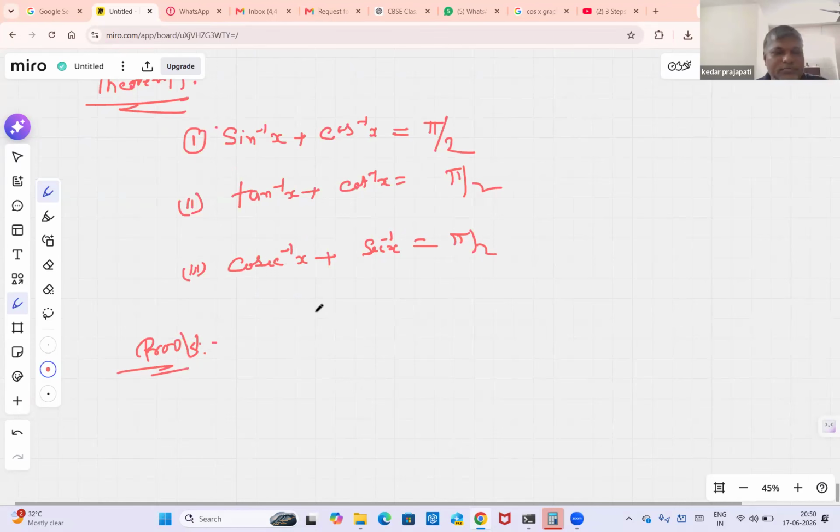Let's assume I'm taking x equal to 0. So let us prove the first one: sine inverse 0 plus cos inverse 0.